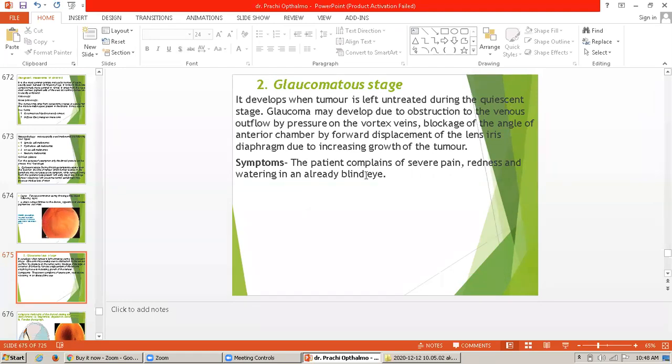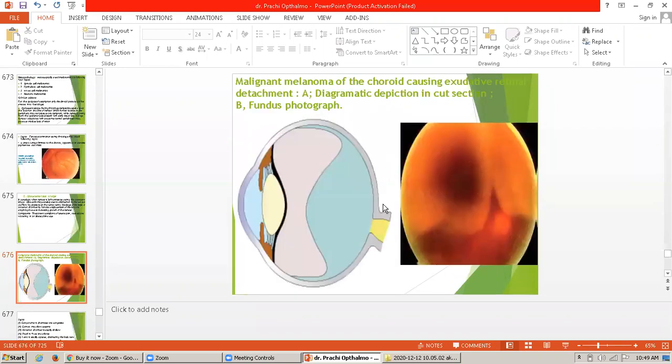And the symptom is that the patient complains of severe pain, redness and watering in an already blind eye.